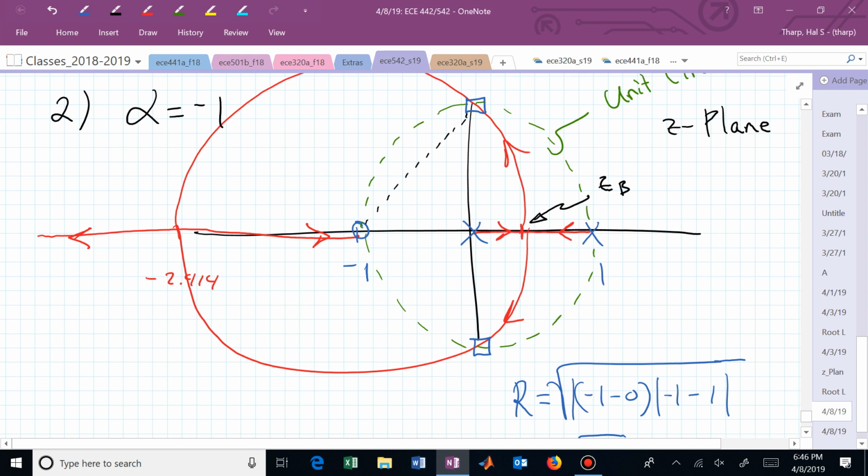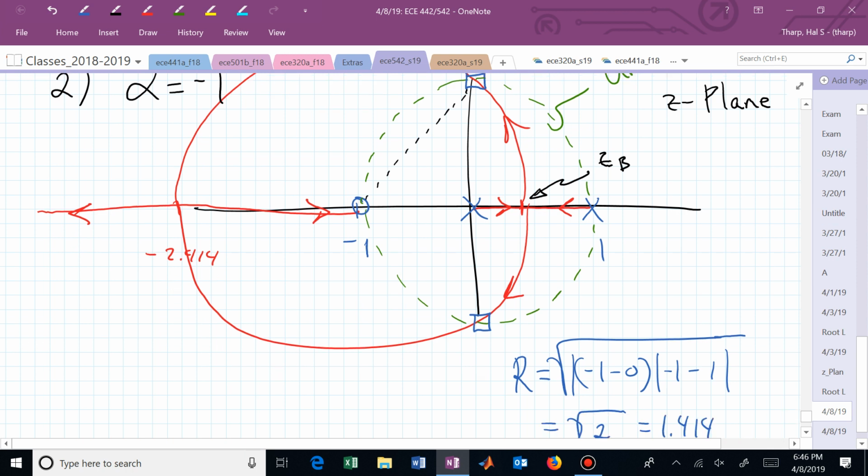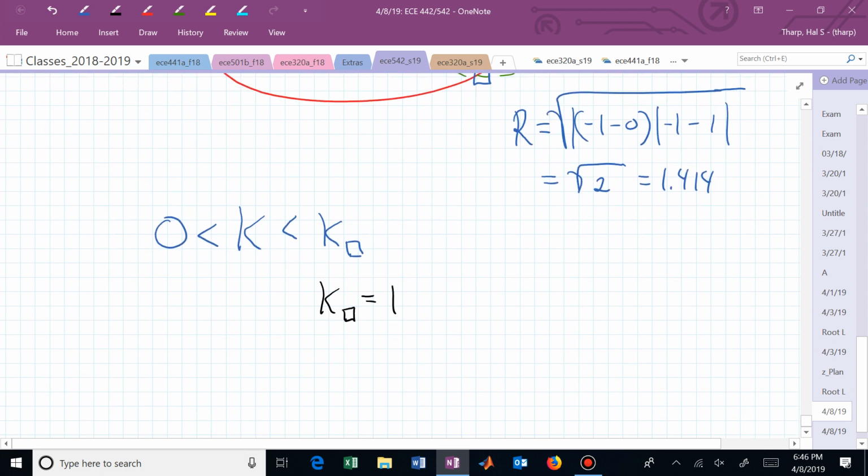Alpha could be between 0 and 1, could it not? Could you sketch that root locus? And could you find ranges of k to give you stability? I'll maybe put in another value for alpha after class, and you can put in one of an infinite number and see if it's going to give you a range of k for stability for that system.